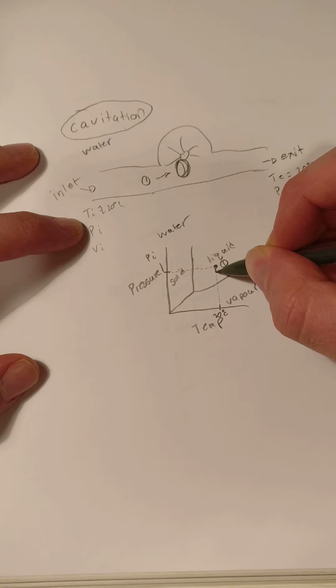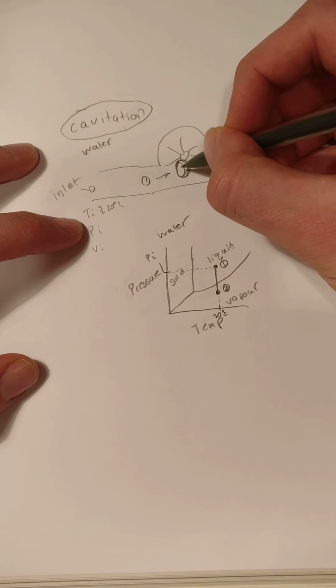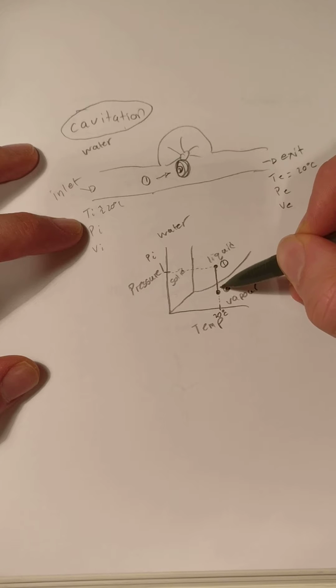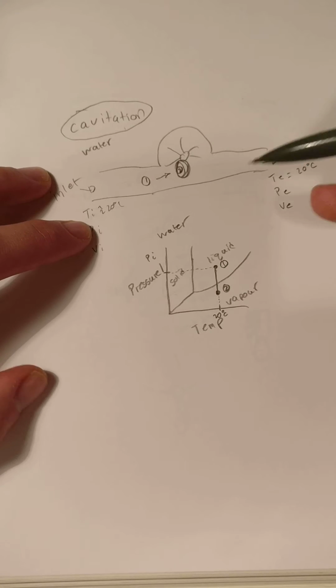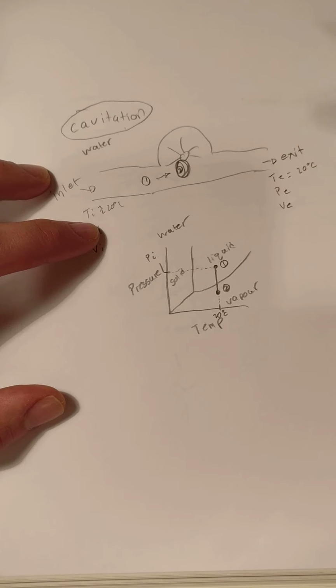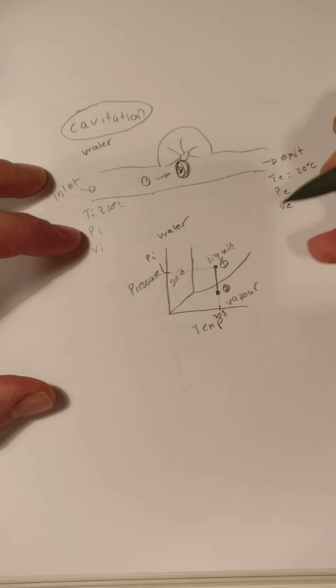As the pressure drops, we move vertically down this line, keeping temperature constant, and we move to state 2, which is right over here. Now this pressure drop doesn't mean that all of the liquid suddenly turns into a vapor, but at this point you start to have the formation of vapor bubbles.